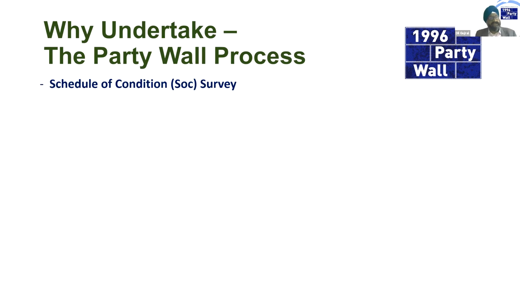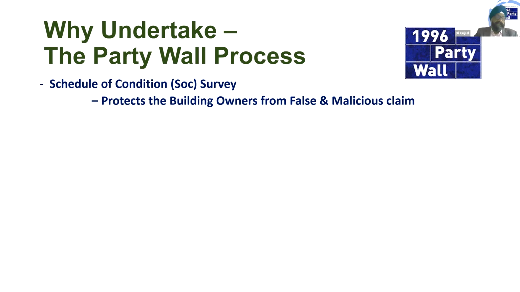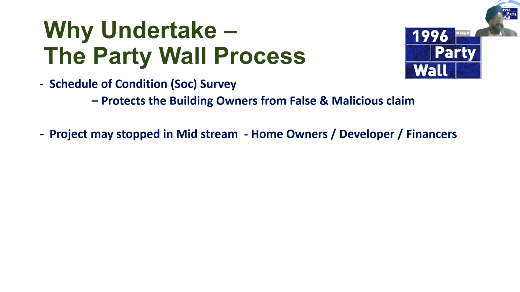Usually we get a question asked by building owners about why they should undertake the party wall process. So first of all, reasons for undertaking it: it gives you the ability to undertake a schedule of condition of the neighbouring properties, therefore avoiding false and malicious claims. Now we've had occasions where the project is stopped midstream.